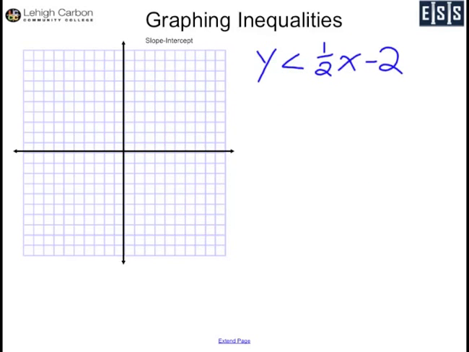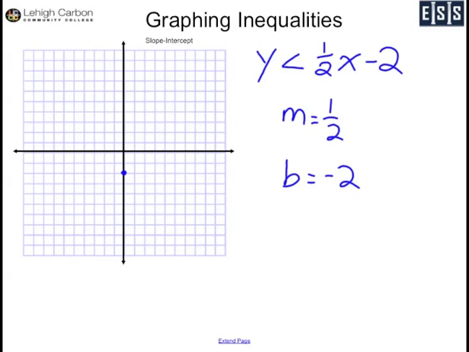So now we have y is less than 1/2 x minus 2. This time I'm going to use slope-intercept form. So if I look at this, my m is 1/2, my b is -2. So on my y-axis, I go to -2.